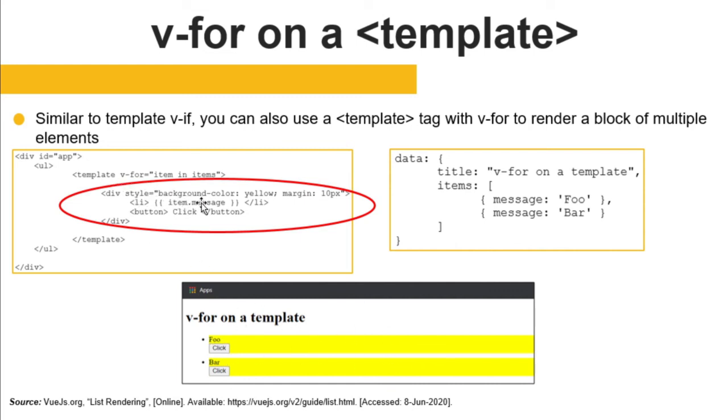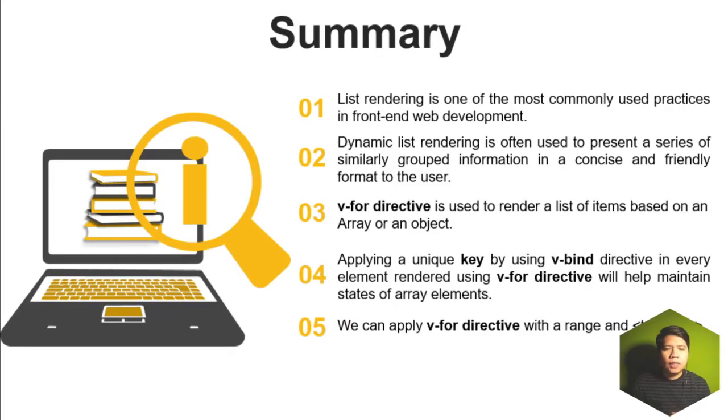In summary, we can say that list rendering is one of the most commonly used practices in front-end web development. Dynamic list rendering is often used to present a series of similarly grouped information in a concise and friendly format to the user.